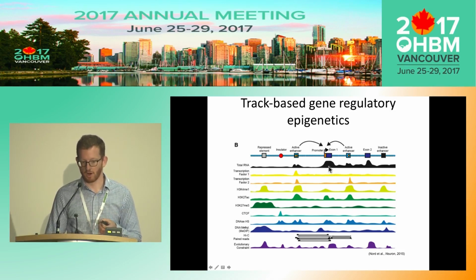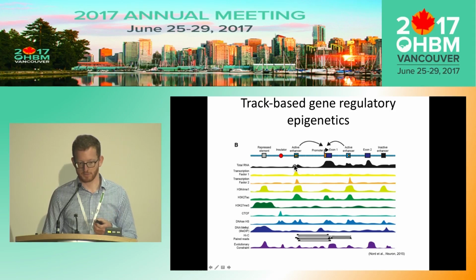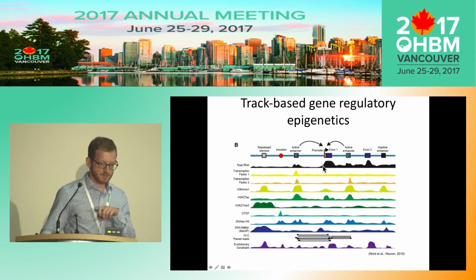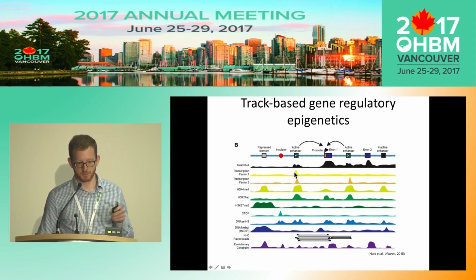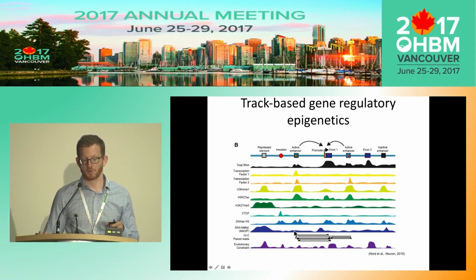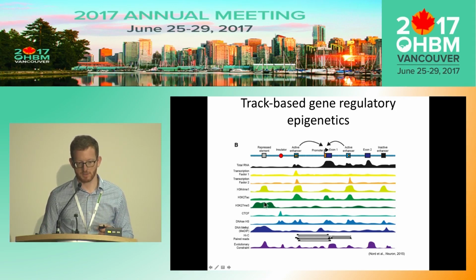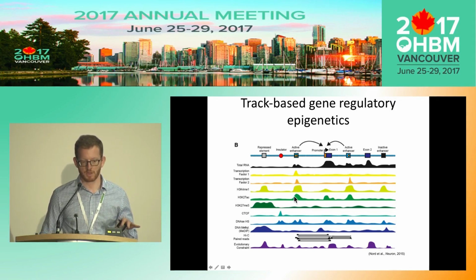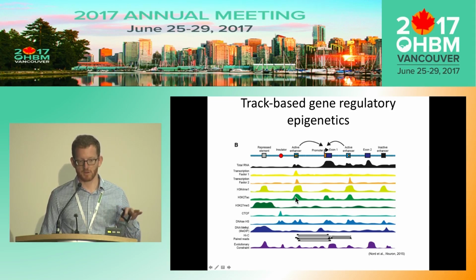So we can measure RNA, and we can see RNA is expressed both at the enhancer element and at the exons. We can measure transcription factor binding using ChIP-seq, that's chromatin immunoprecipitation. We can measure things about the histone tails, and those are often associated with either repressed chromatin, histone 3 lysine 27 trimethylation, or active enhancers, histone 3 lysine 27 acetylation.